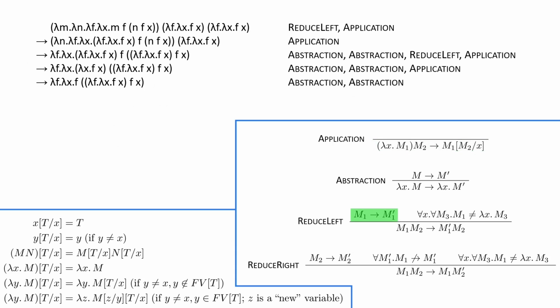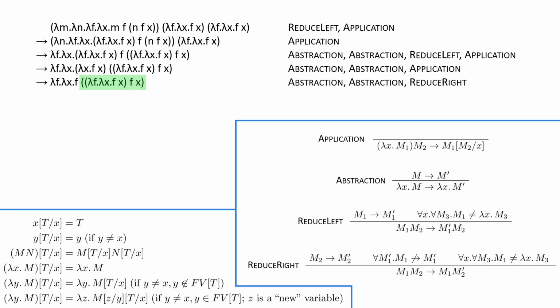The reduce left rule doesn't match because the variable is not reducible. But the reduce right rule matches if the left isn't reducible, or an abstraction, and the right is reducible. So now, finally, we reduce the right because we found an application where the left wasn't an abstraction and wasn't reducible.